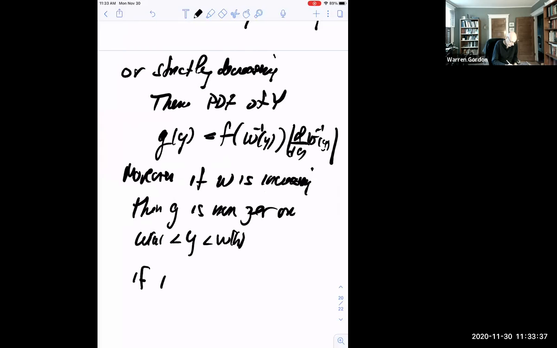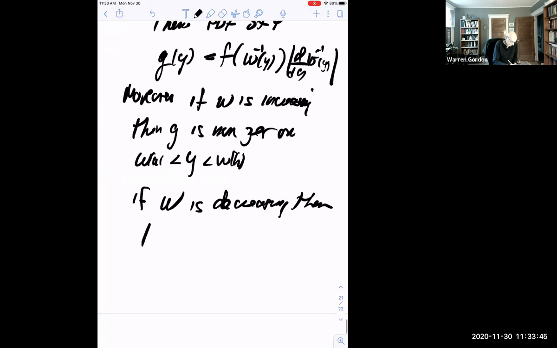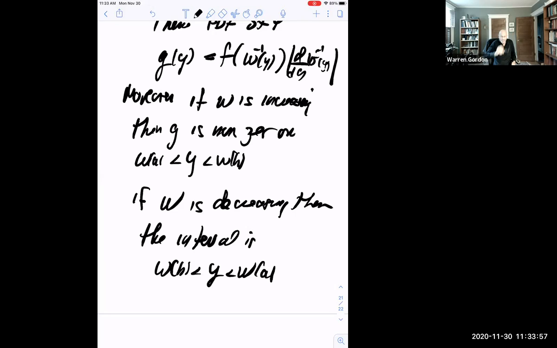If w is decreasing, then the interval is reversed, as in the problem we just did. Okay. This sounds like a lot, okay? And it's really a very straightforward result.